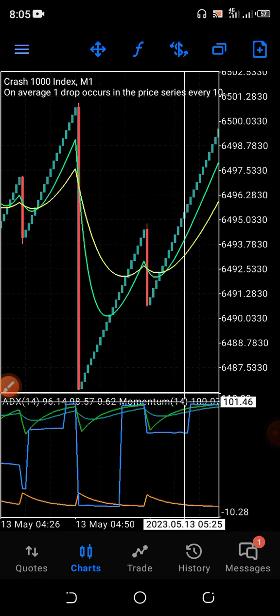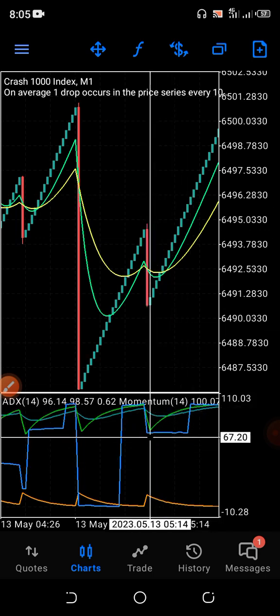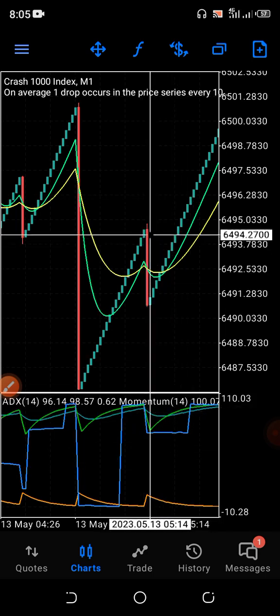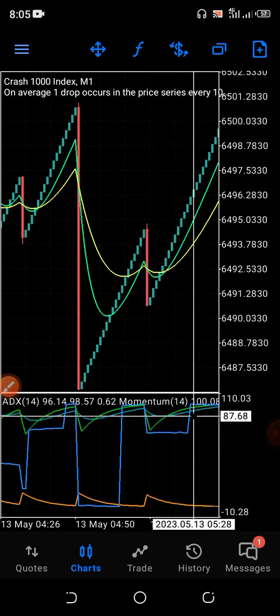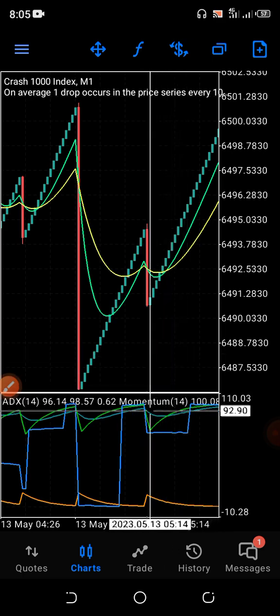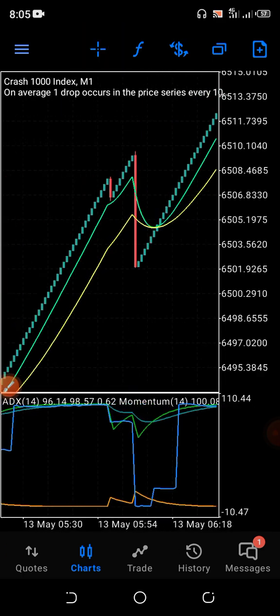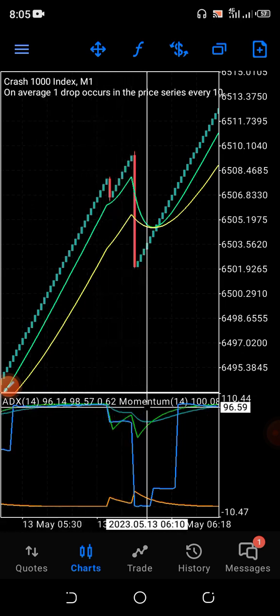But what I'm trying to show you is that as long as the market spikes like this, it shows the presence of sellers, but buyers said we are still in charge, so they have to take up the market once more and keep going. So as long as the market remains in this very position or this area, it simply means that the momentum of the market is so high.